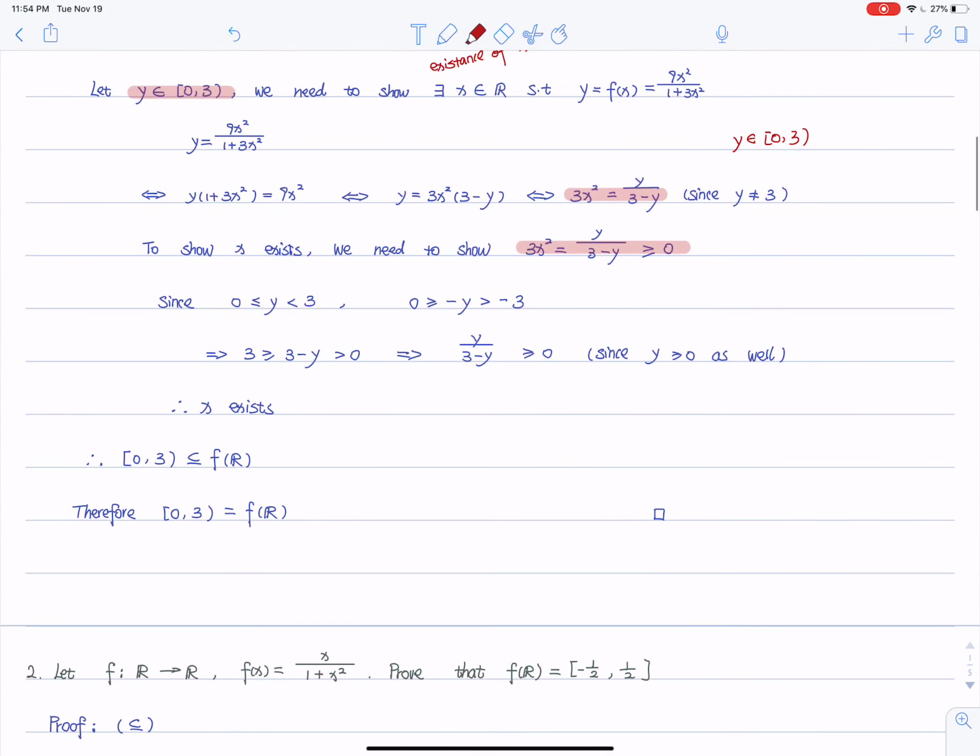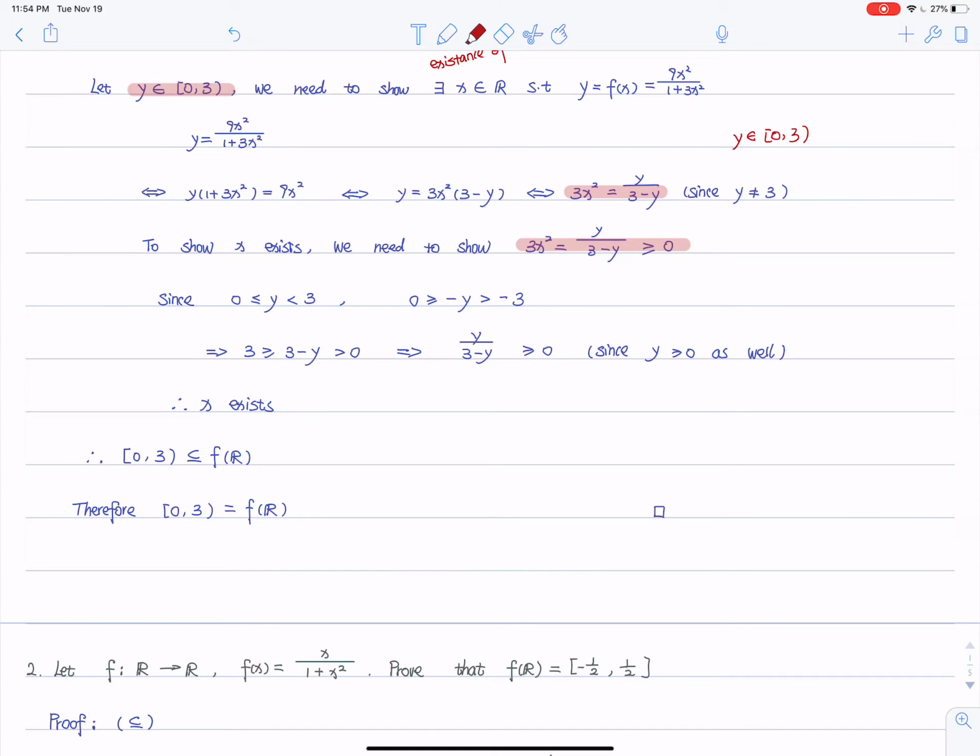Okay? Because we picked an element from the interval, we know this is true, but you can multiply by -1 on all sides, and you'll get this, okay? This is times -1. Then you add 3 on each side, you'll get this. And then you can divide by 3 minus y.